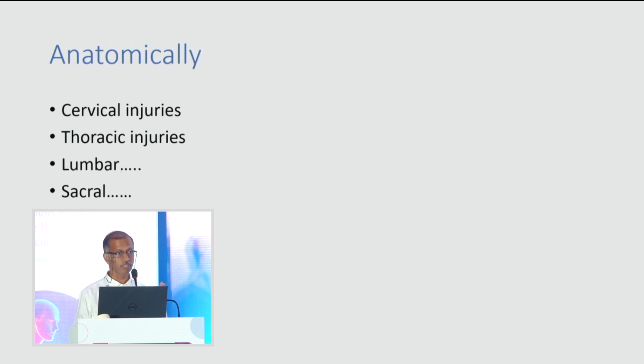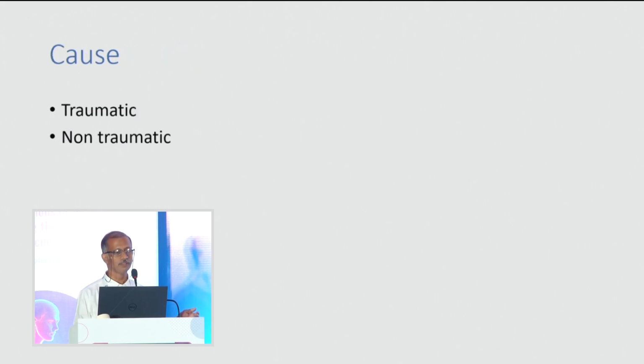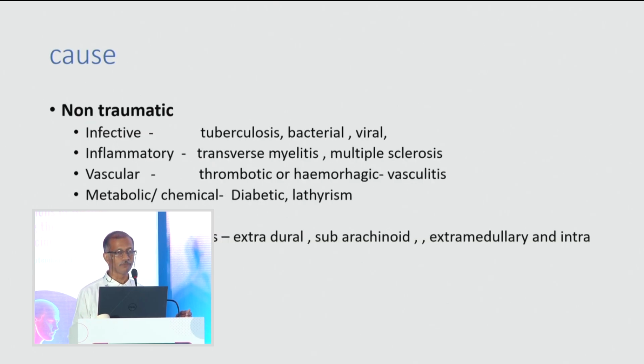When you classify, grouping things anatomically, you can classify it into cervical, thoracic, lumbar and sacral. If you look at causes, you can divide it into traumatic and non-traumatic. If you take up non-traumatic, you can again classify it into infective, inflammatory, vascular, metabolic, degenerative, neoplastic, idiopathic and miscellaneous.